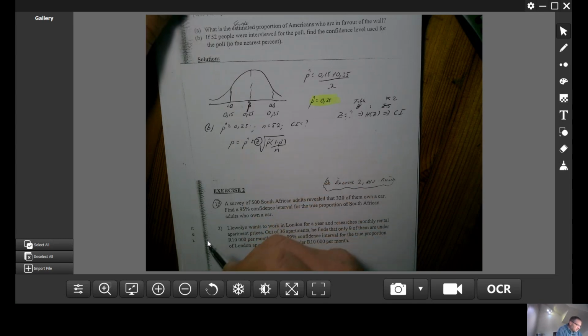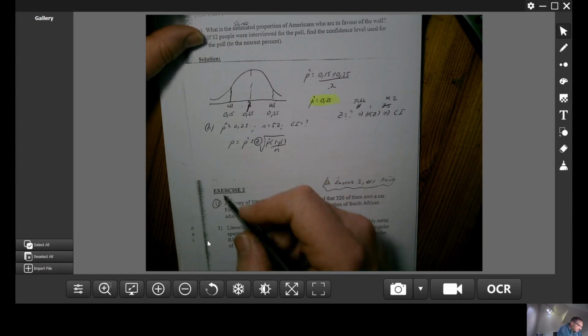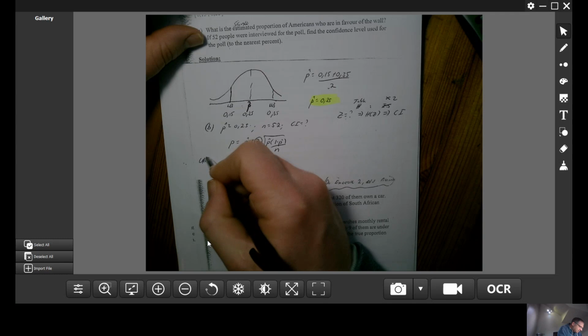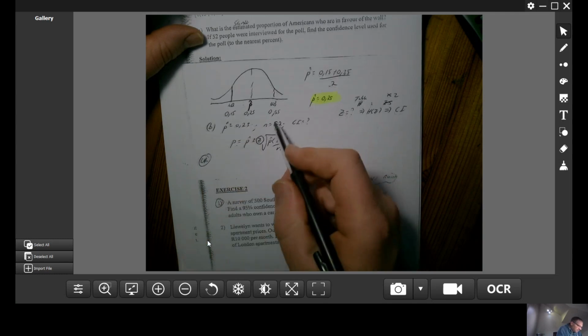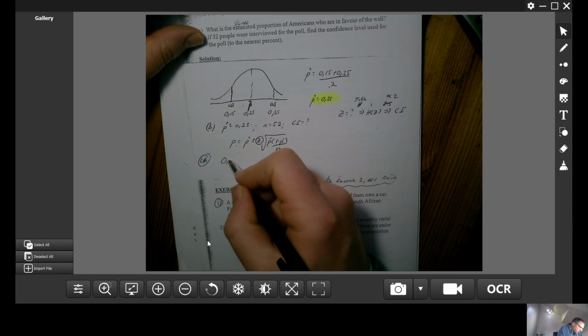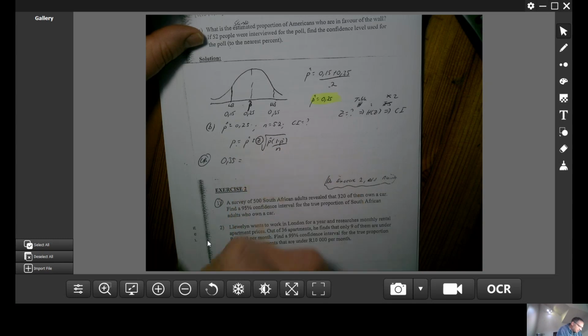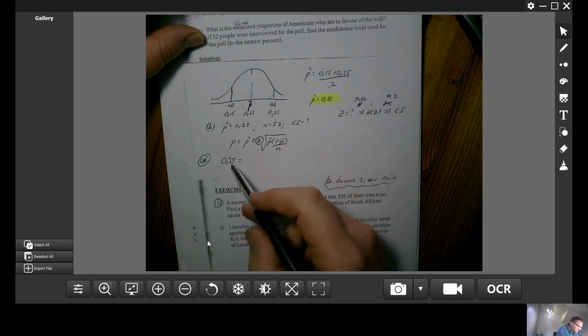We've got to just use one boundary, so let's look at the upper boundary, 0.35. You could use the lower boundary as well. I'm going to use the positive Z score.